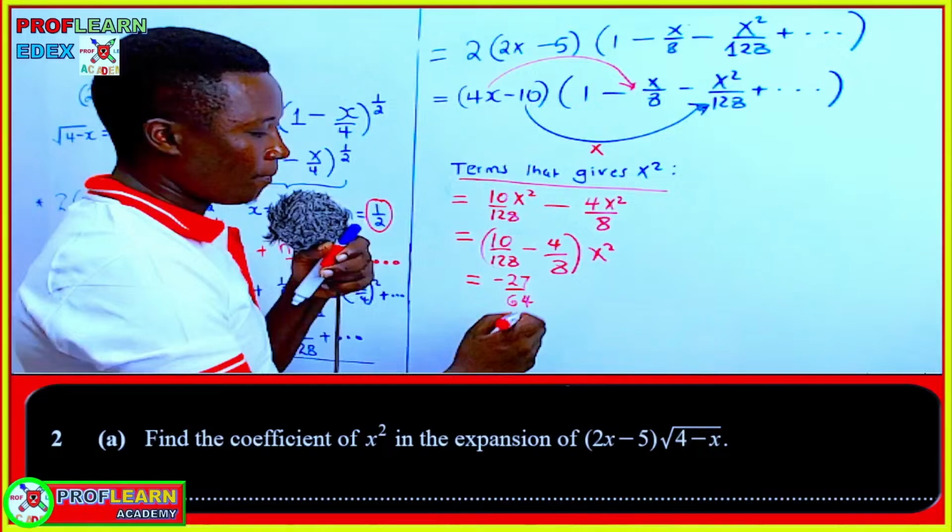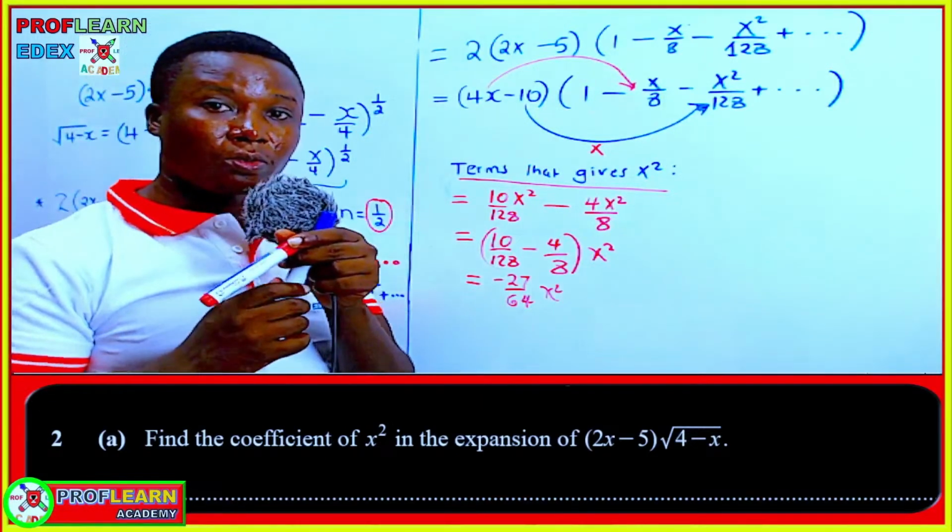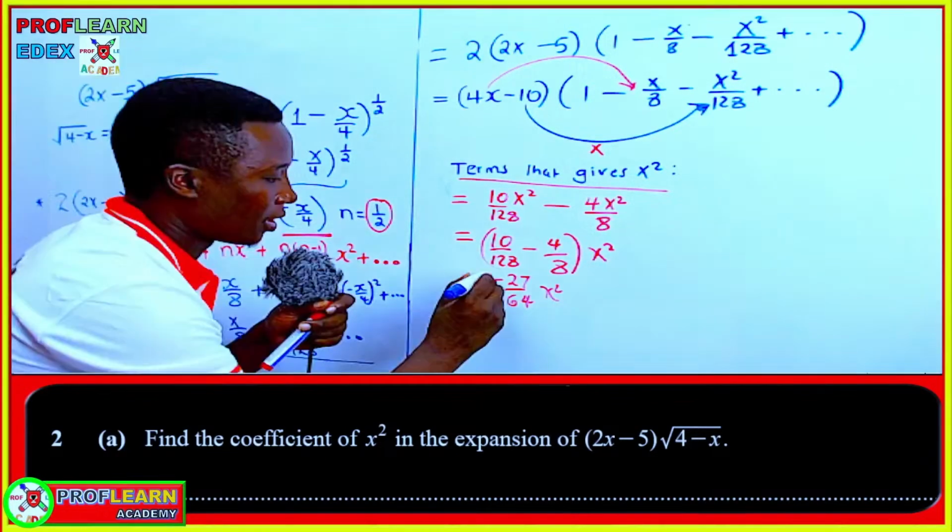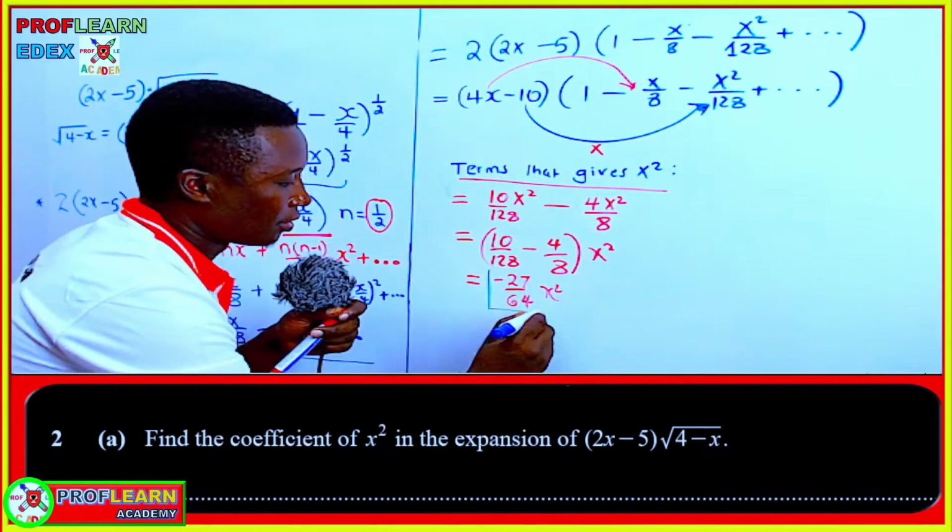If we work this out, we are going to get our answer being equivalent to negative 27 over 64 x squared. In this question, we were told to find the coefficient of x squared, which is this part that we have here.